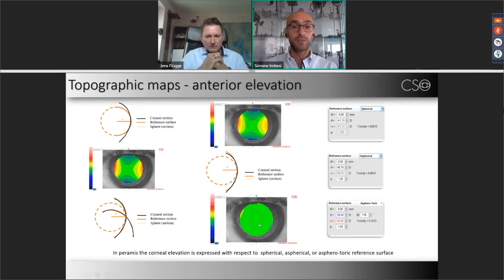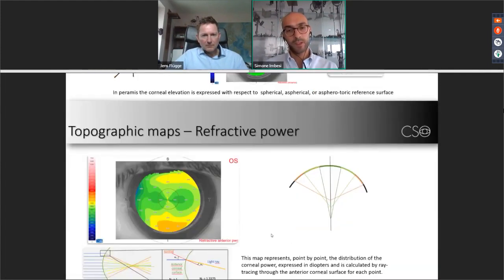So we have two radii of curvature of two aspheric surfaces to use as a reference surface. In this case, since we have a toric reference surface, the typical pattern of astigmatism cannot be visible.